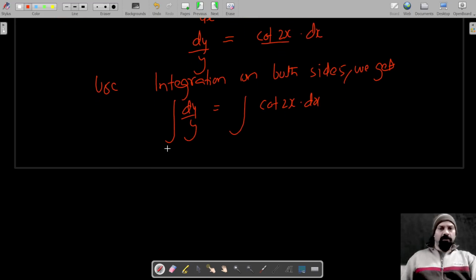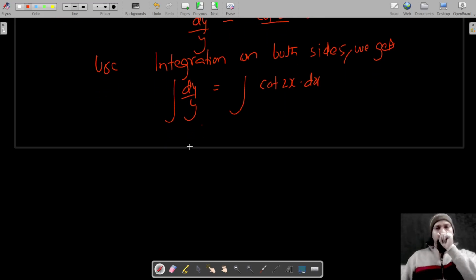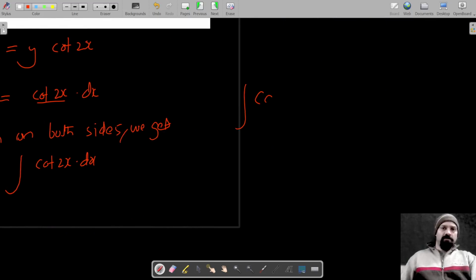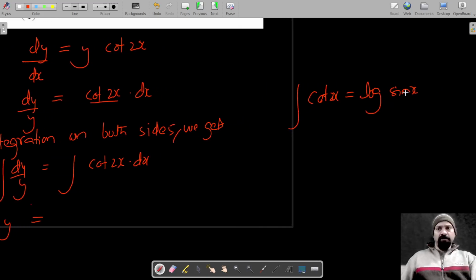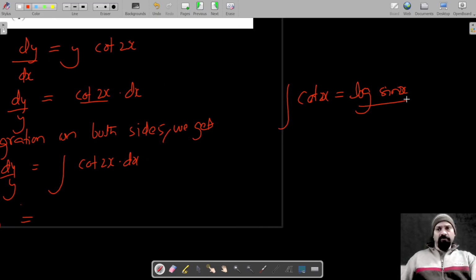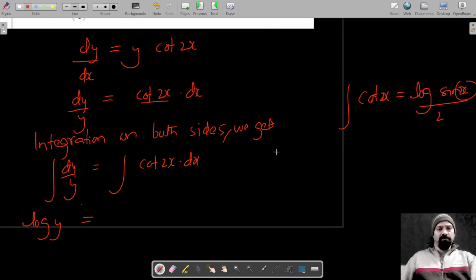Now integration of 1 by y is log y, and we know that integration of cot x is equal to log sine x, but this is cot 2x. So this is log sine 2x, and this has to be divided by the differentiation of 2x, which is 2.